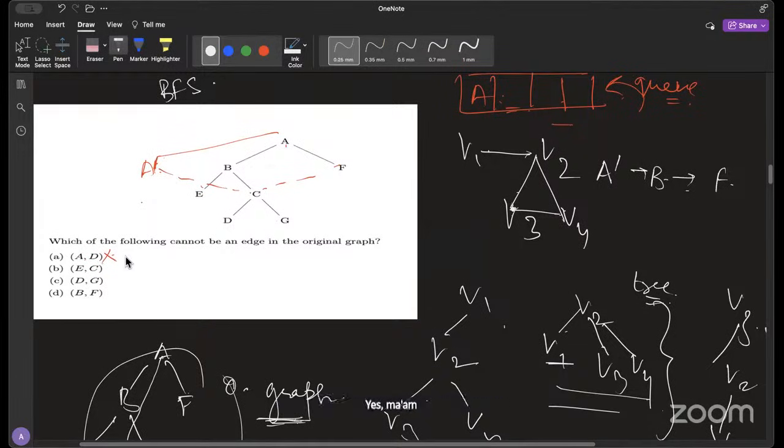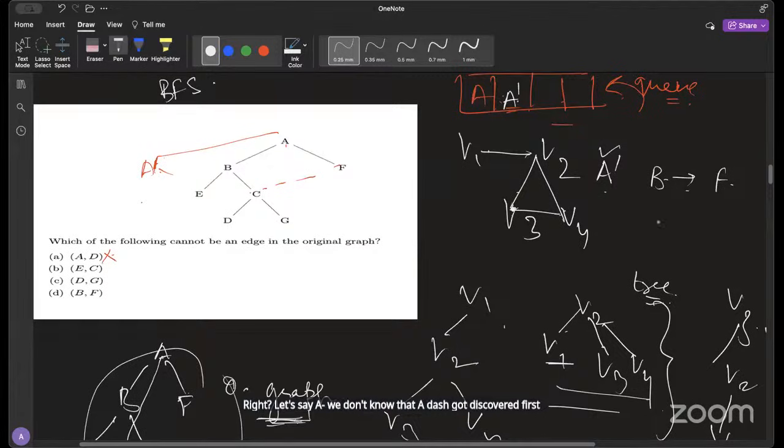Yes, ma'am. But if you're not going as per this direct order, that A dash got discovered first, and your tree has A dash, B, F, and this ordering is not as per the discovery of vertices from A, then we don't know that A dash got discovered first.